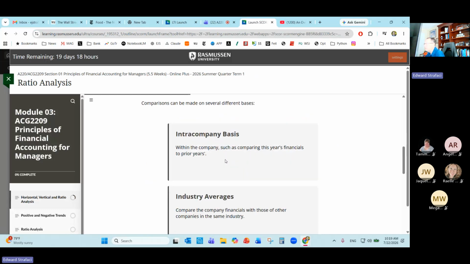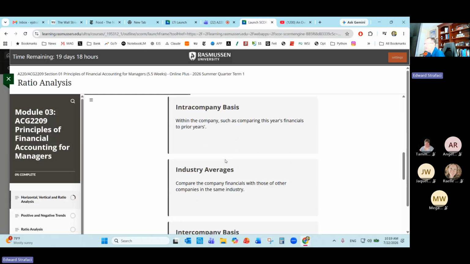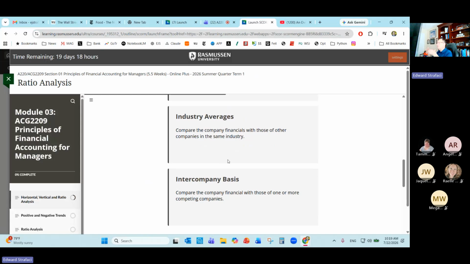So within a company, such as comparing the prior years' financials, when you do certain comparisons, you really want to look at your peer group. Like, you don't want to compare Boeing to Coca-Cola, two different businesses. Coca-Cola really doesn't have a peer group, but you might compare it to Pepsi.